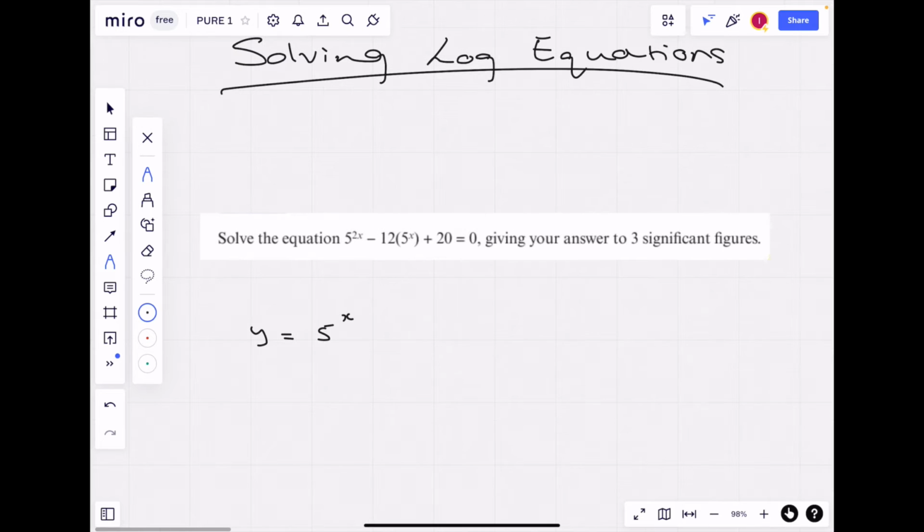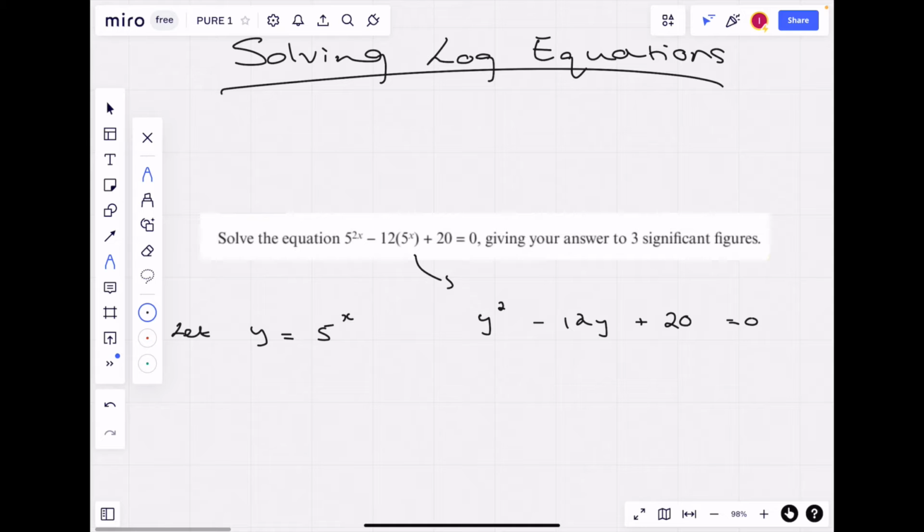Okay? What that allows me to do is turn this equation into y squared minus 12y plus 20 equals 0, which is much easier to work with. 5 to the power of 2x is equivalent to y squared.